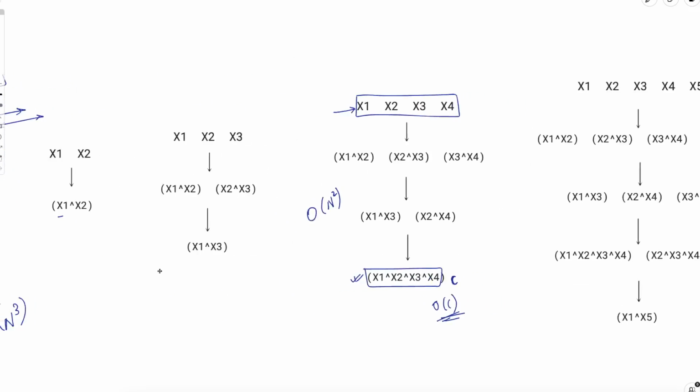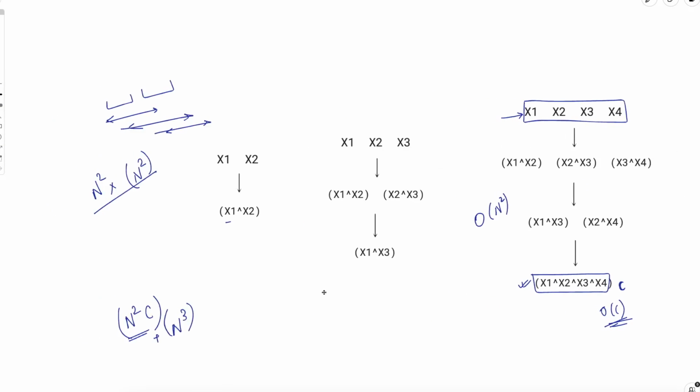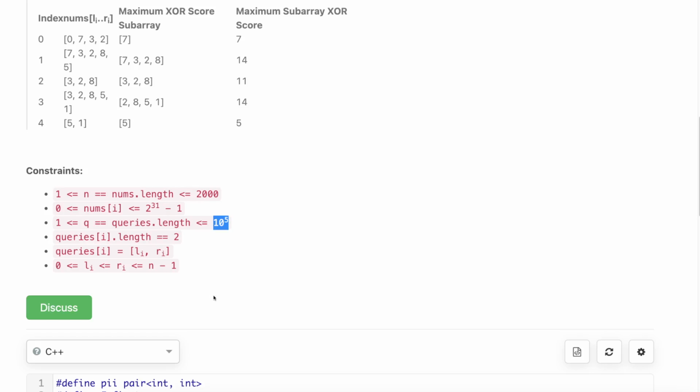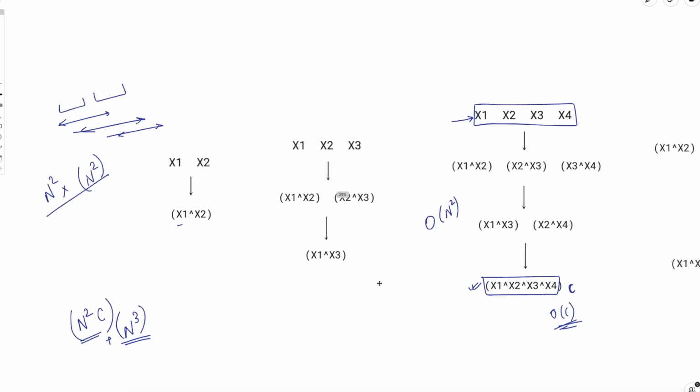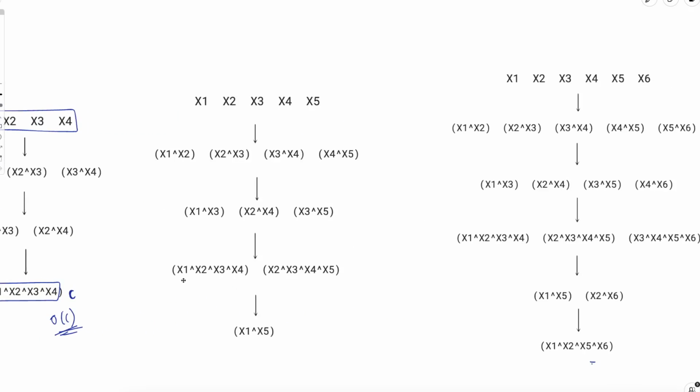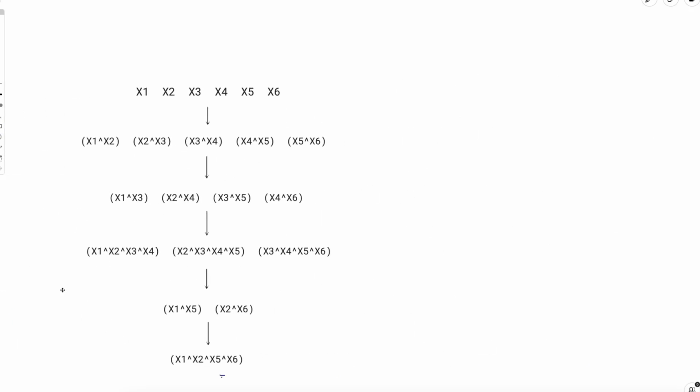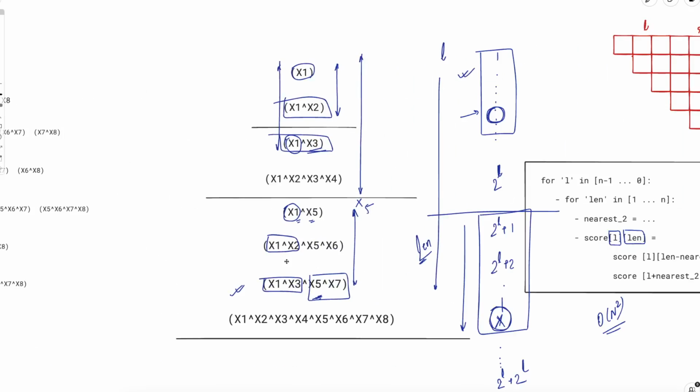Now we tried to apply some algorithm based on length, but that also doesn't help much, because it also goes up to n cube in the best case, right? And n cube is something we can't afford, because n is 2 into 10 power 3. So at that point we say that either that's it, or there is some pattern which will help us reduce the time complexity even further.